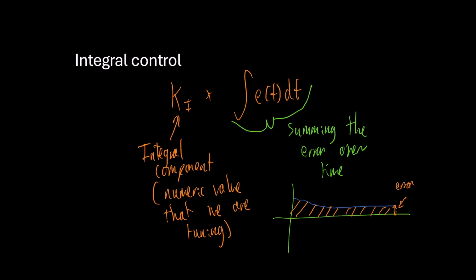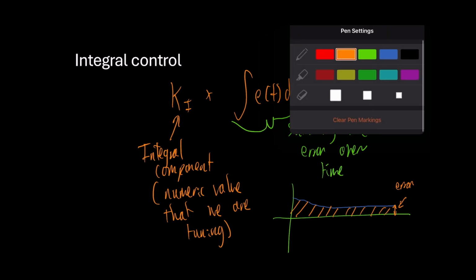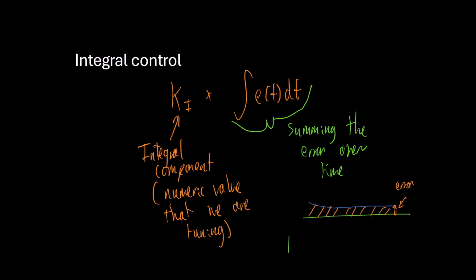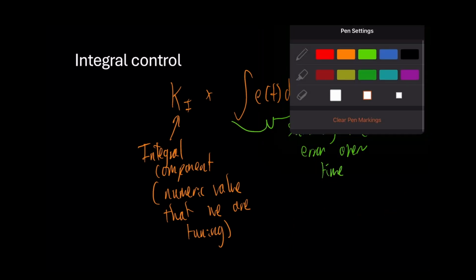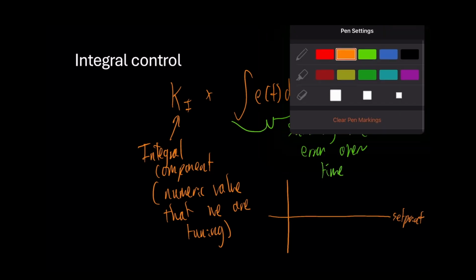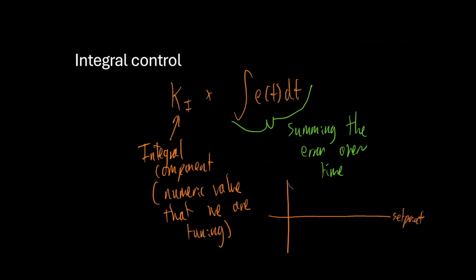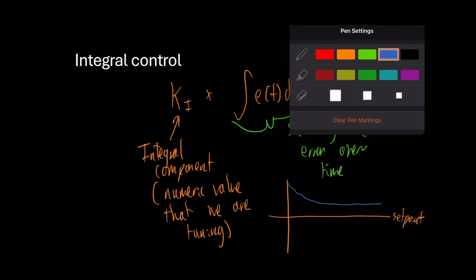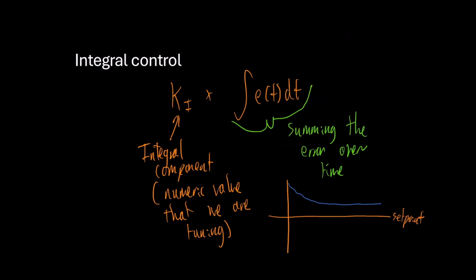So let me erase this graph and draw a better graph. Orange is nice. That's our set point, whatever the set point is. And then we have our curve. What we do in integral control is we're constantly sampling, because we're a computer. Then we see what the error is over here, that's error 1.